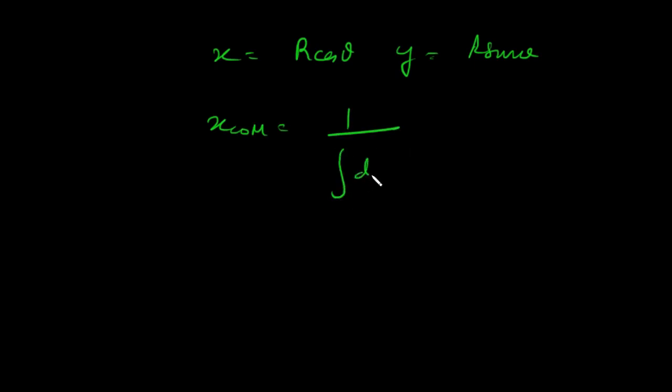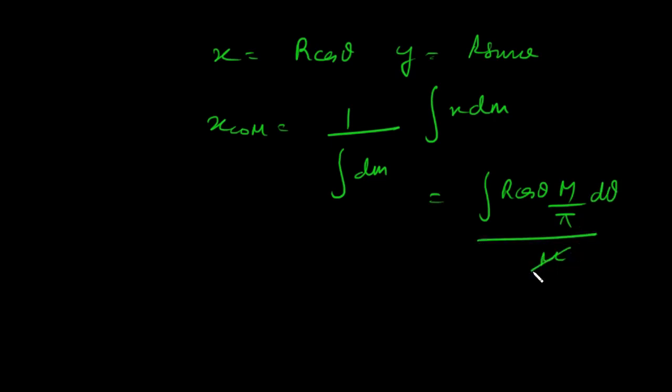Now the x coordinate of dm was r cos theta, y was r sin theta. So we'll calculate the center of mass using these two coordinates. So we have x com as 1 divided by integral of dm, integration of x dm. This will be equal to r cos theta times m divided by pi into d theta divided by m. m gets cancelled out. X com would be equal to integration from 0 to pi.